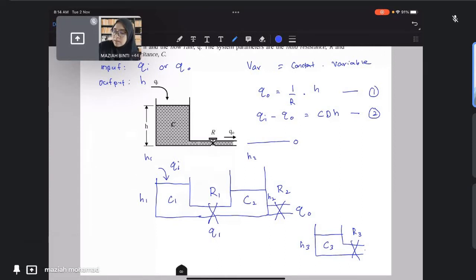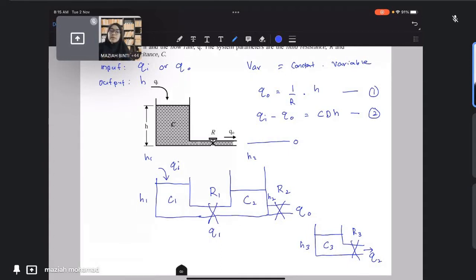Let's say here is Q1, Q2. Meaning the tanks are interacting but at different levels.